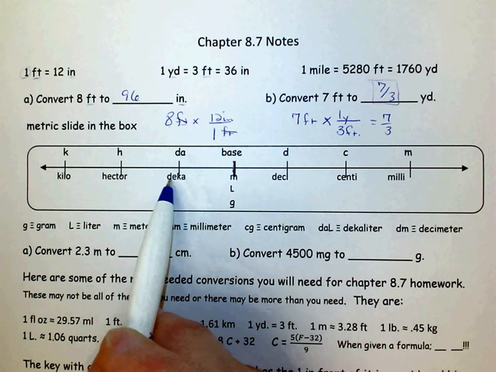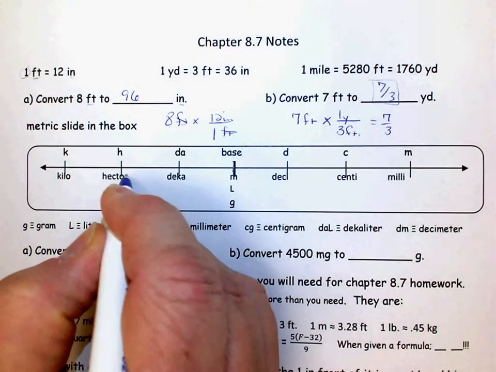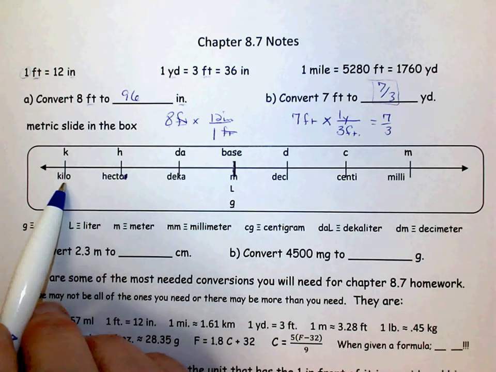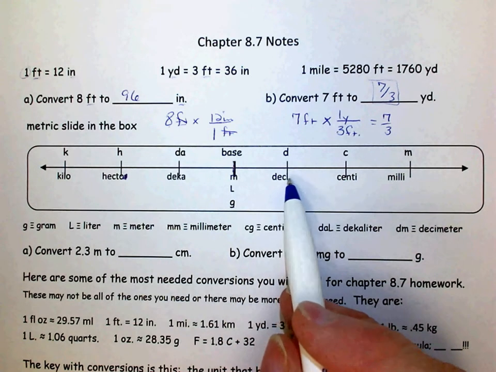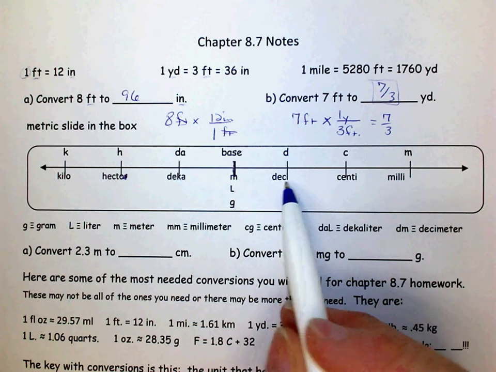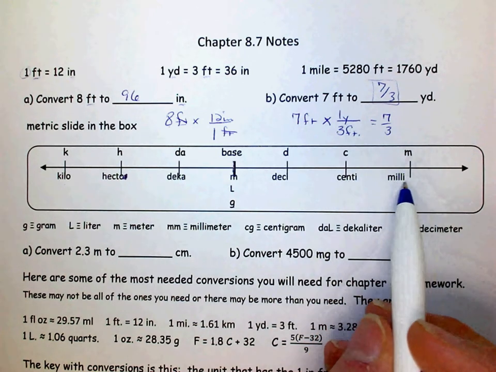DA stands for deca, H stands for hecto, not Hector, hecto, K stands for kilo. Then as you go to the right, it gets smaller. D stands for deci, C stands for centi, M stands for milli.